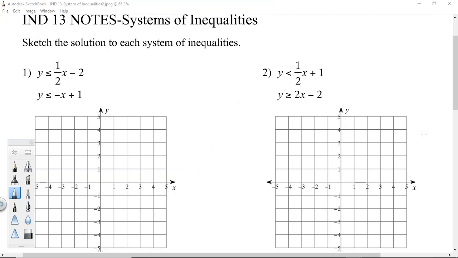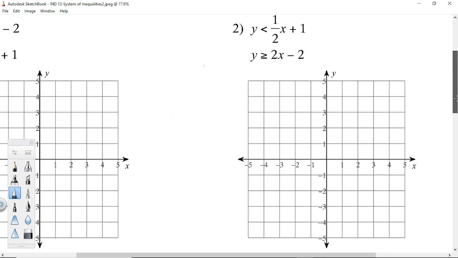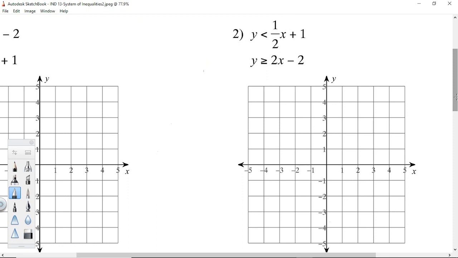So one of these equations is already in slope-intercept form, so that's going to make it easier. But one of them is not. So first thing we need to do is get this second equation into slope-intercept form.